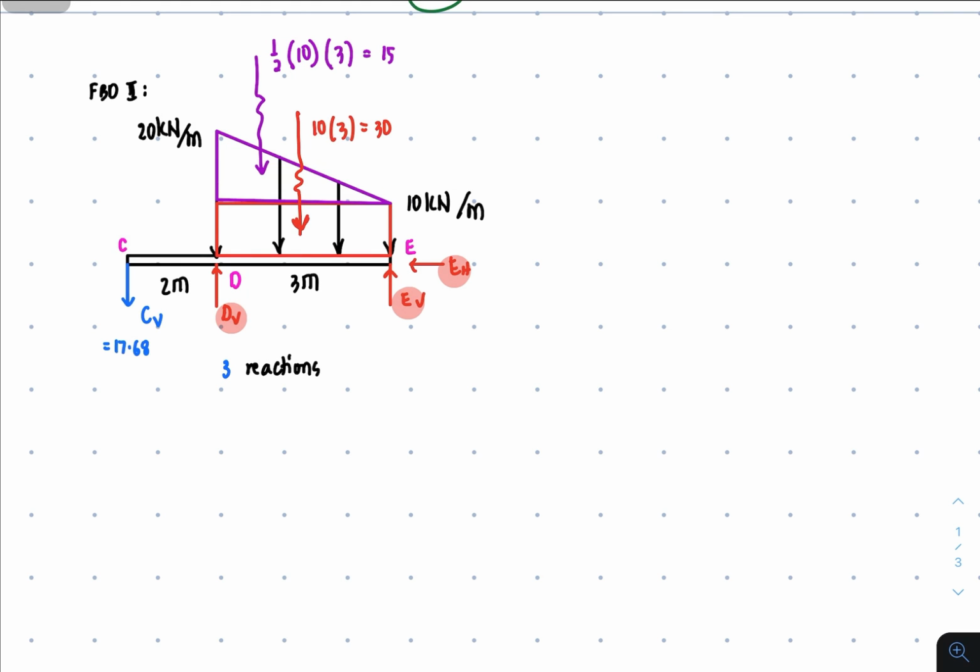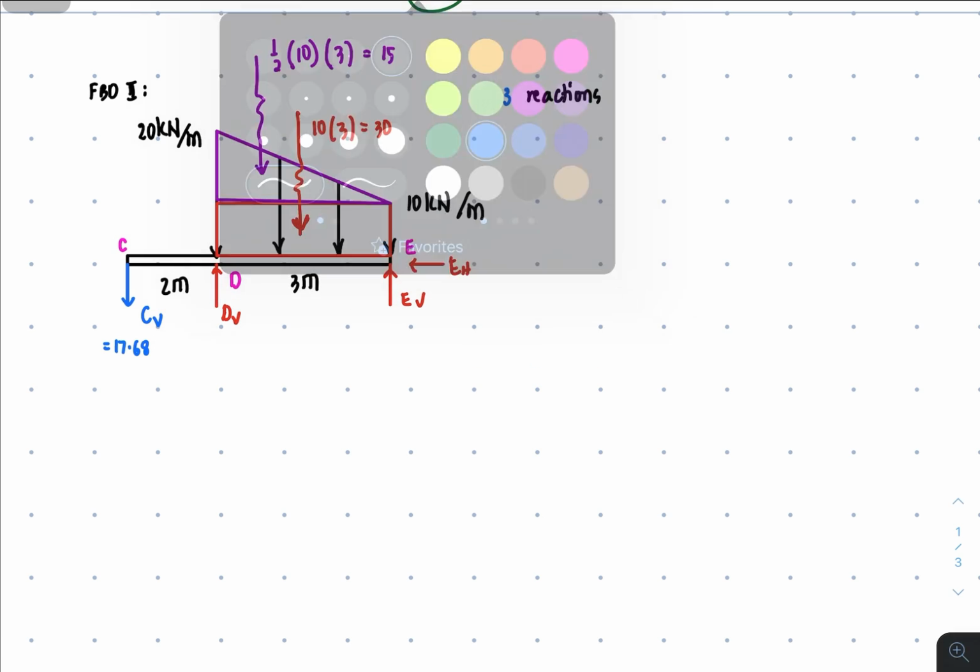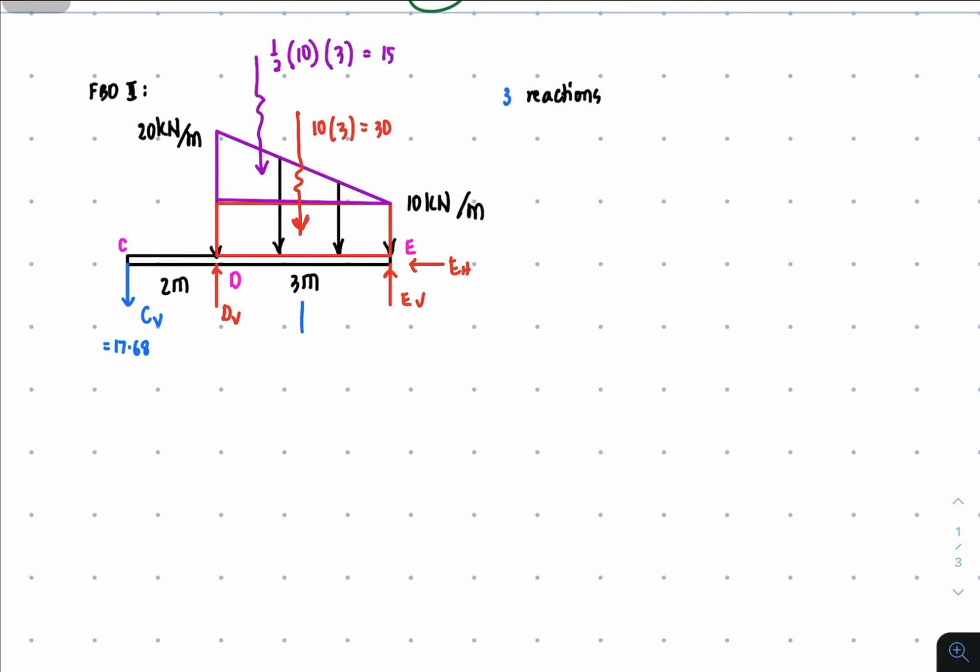Okay. So in this case, we are now ready to solve the reactions. I'll just transfer it here, and let's first measure the distances. This distance toward EV is 1/2 of 3, so this is 1.5. Also, about point D, this is 1.5 as well, 1/2 of 3.